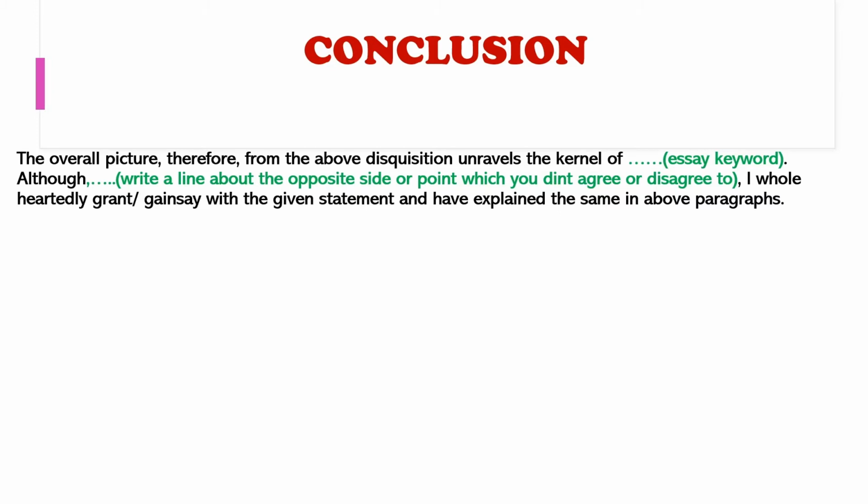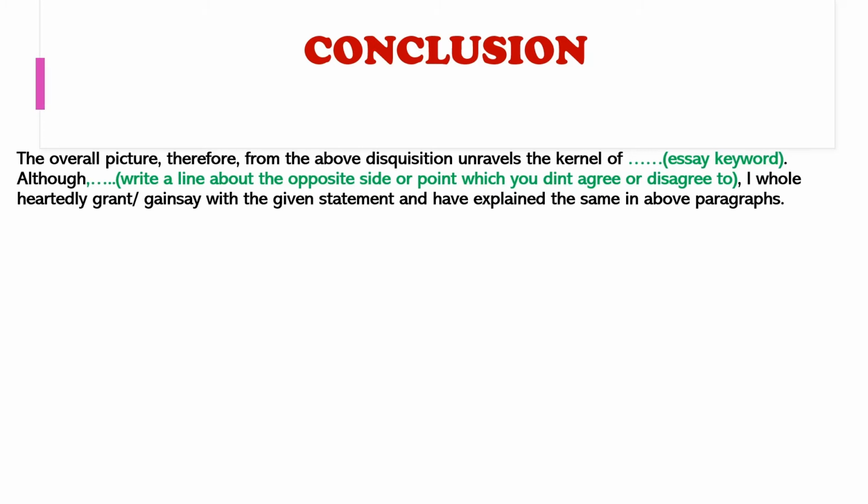Okay, so although there are reasons, or although there are negative points of sponsoring a sport, I agree that, something like that. Okay, so you just have to write one line about the other side of the question. Okay, so if you agree, just one line about the disagree point, and if you disagree, one line about the agreement point.